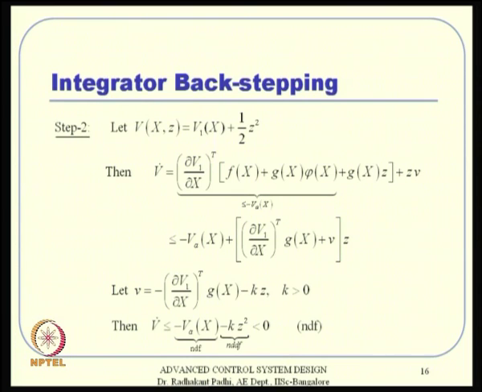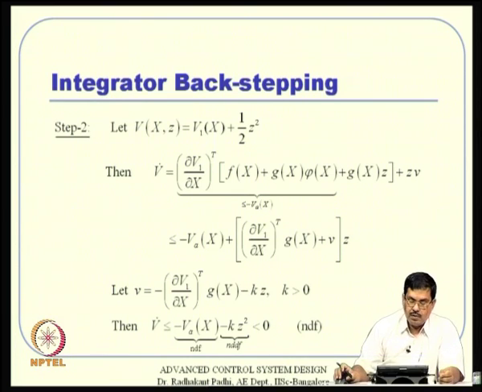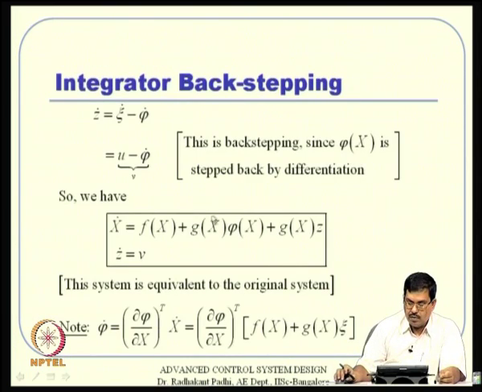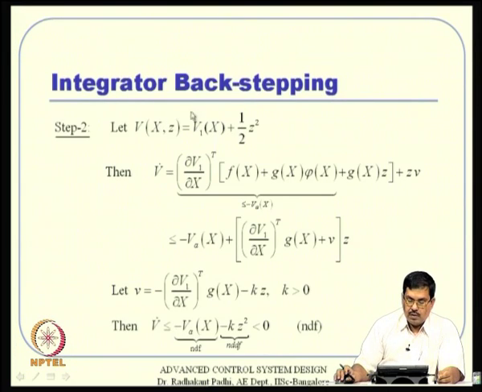Now we have to see how to design this v of x and things like that. Remember, we are talking about this system dynamics. So how do you do that? Let us start with v of x. We have to define a Lyapunov function inclusive of z. So we will define something like V1 of x plus half z square.